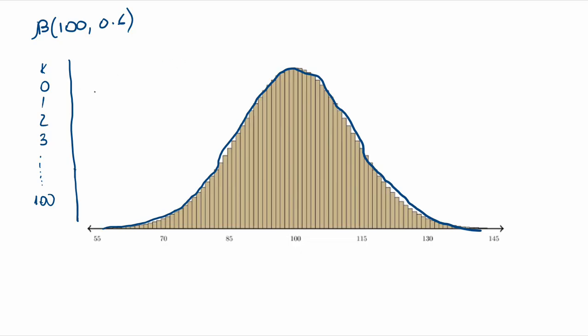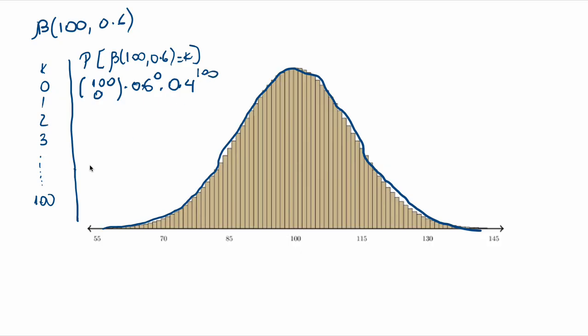Okay. And do you remember how we calculated the probability of this binomial random variable? Well, the way we calculate it is, what's the probability of your repeated trial being 0? So you have 0 successes. It's 100 choose 0, with the probability of heads coming up 0 times, and the probability of tails coming the rest of the time.